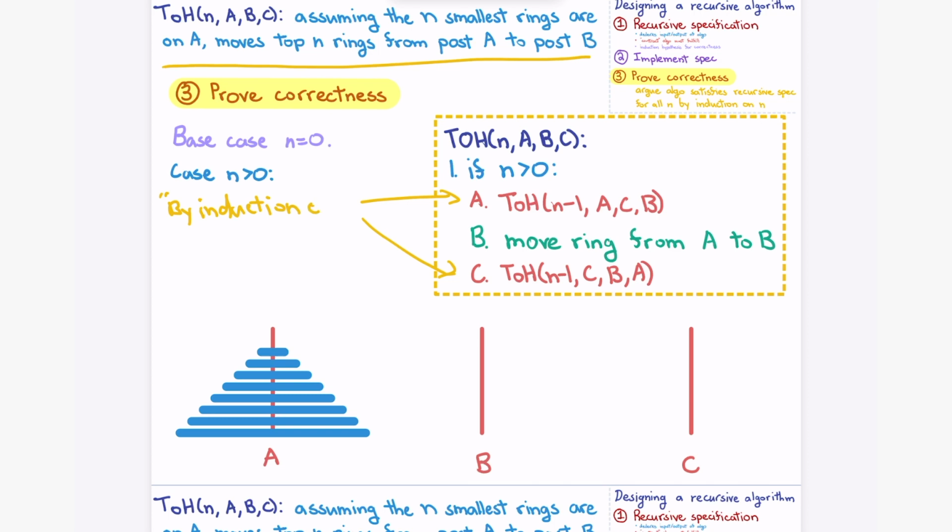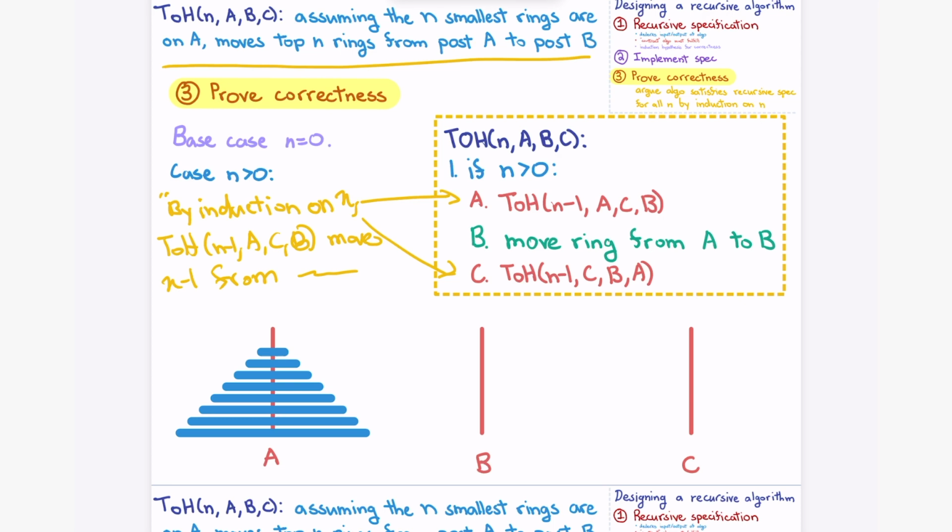And then by induction on n, TOH n minus 1, A, C, B moves, I mean, it's almost like rote copy, right? Moves the top n minus 1 from A to C. By induction, these two steps are correct. I move one over and there's no violation because everything's on C. And then by induction, that last step will correctly move everything back.